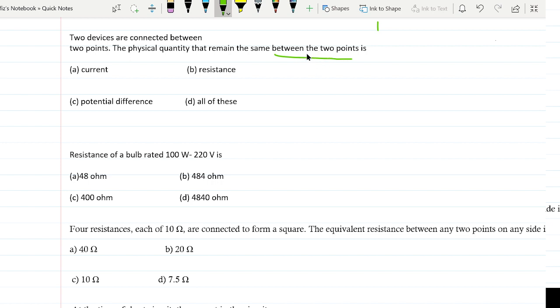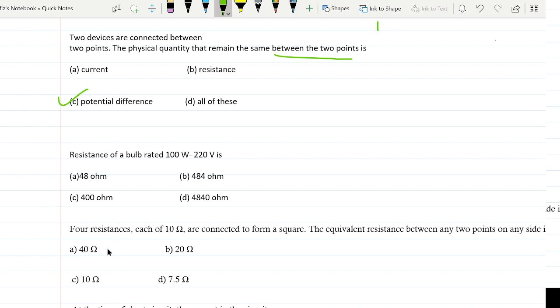End-to-end connection is series connection. Connection between 2 points is parallel. So whenever the resistors or devices are connected in parallel, the potential difference remains the same and the current gets distributed. So the quantity which remains the same is the potential difference. In series, you know very well, current remains the same, potential difference gets distributed. But here they are connected between 2 points, that is parallel, so potential difference remains the same.